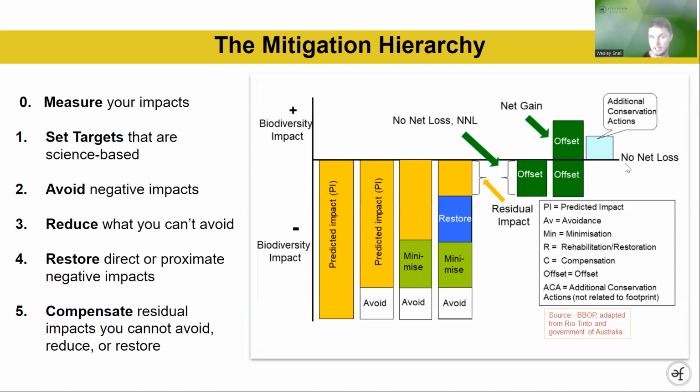Obviously, you need a baseline. Then you set targets that are ambitious, but also feasible and science-based. And then you avoid whatever impacts you can. There are different ways to implement that. It depends on the sector or activity, but this is typically at the site planning stage, or an acquisition stage or development phase.